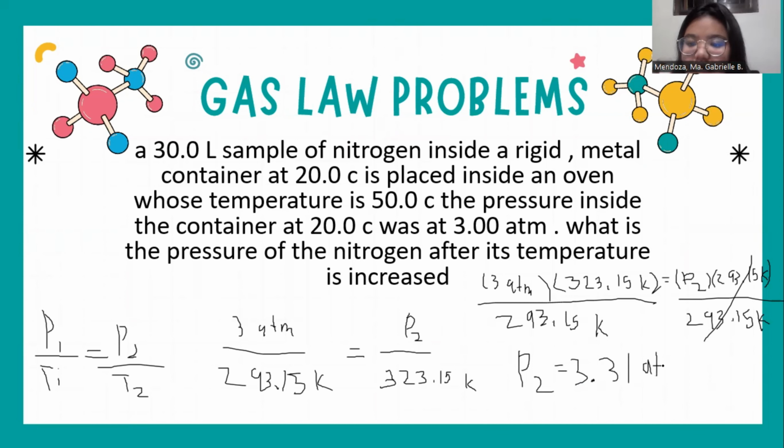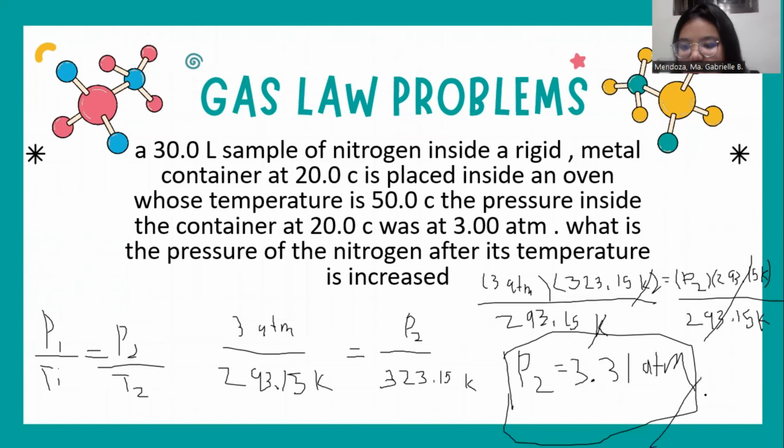Bakit 31? Kasi nag-round off tayo ng 2 decimal places. Kasi ang nakalagay sa calculator, that would be 3.307. So we rounded it off to 3.31 atm. So cancel mo yung Kelvin. So ayan, this is our final answer. Ayan. So next.